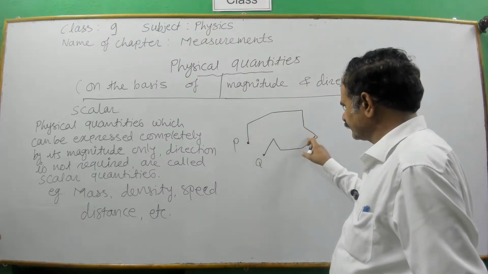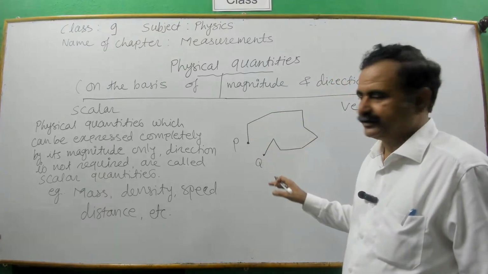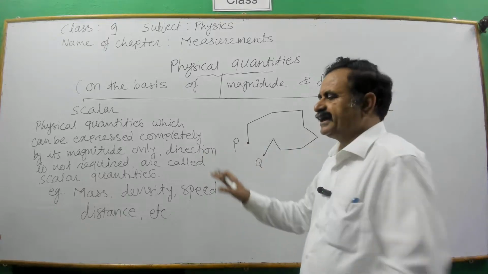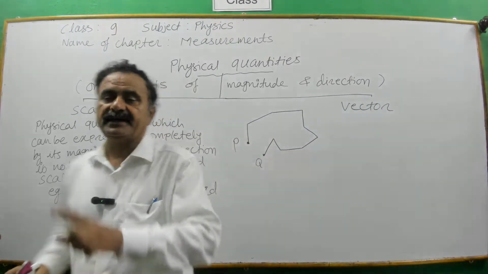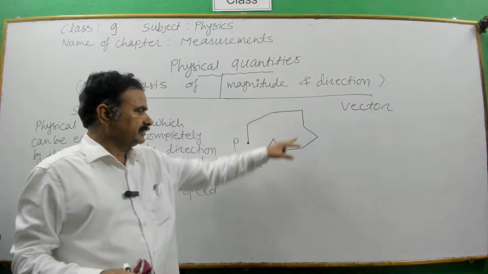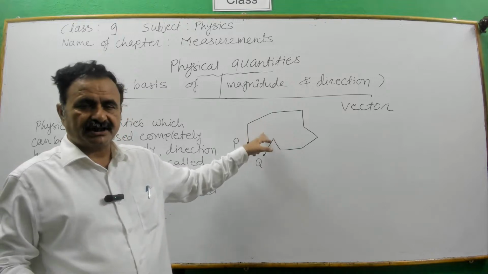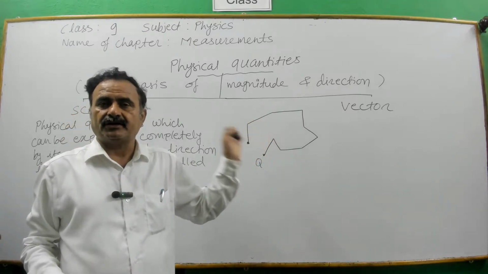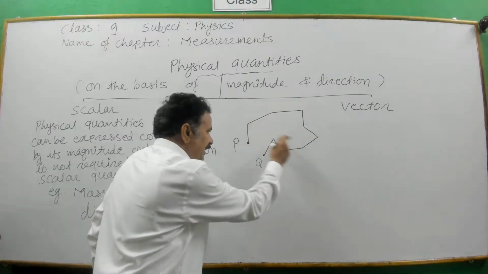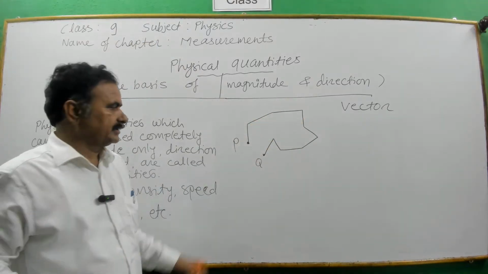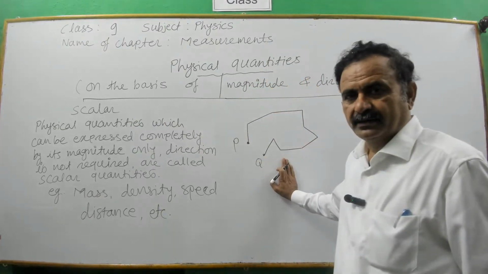This much. And this path which has been traveled by a body is called distance. I changed direction so many times, but while measuring distance, direction does not play any role. Whichever direction you go, the total path traveled by a body is called distance. So direction is not required.